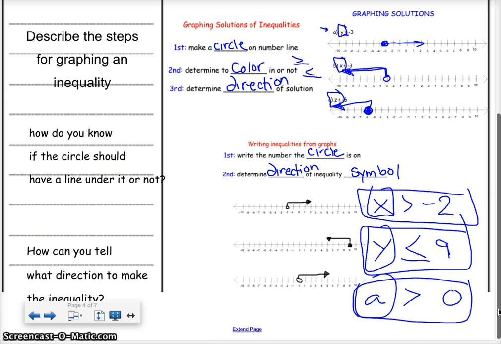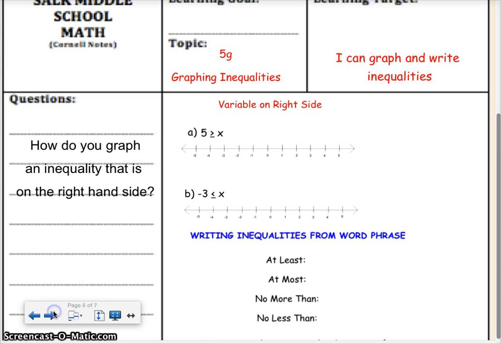But they try to trick you in 7th and 8th grade, and they try to see if you know what to do when the variable's on the right. So here's what I do. If 5 is greater than or equal to x, that means x has to be what? If 5 is bigger than it, x is smaller. X is less than or equal to 5.